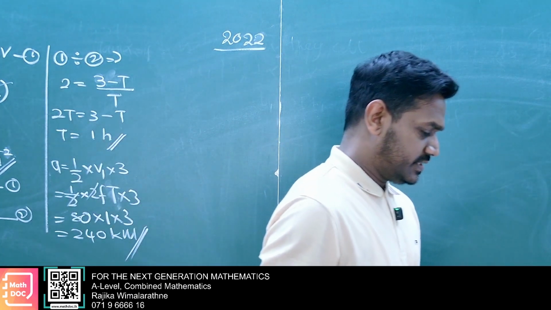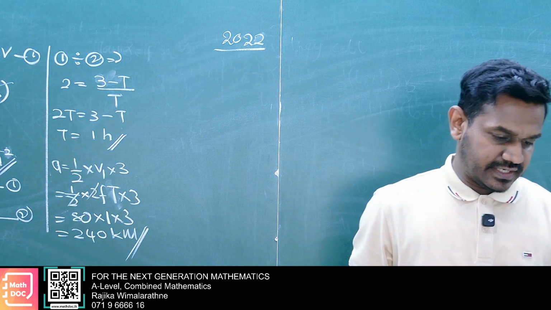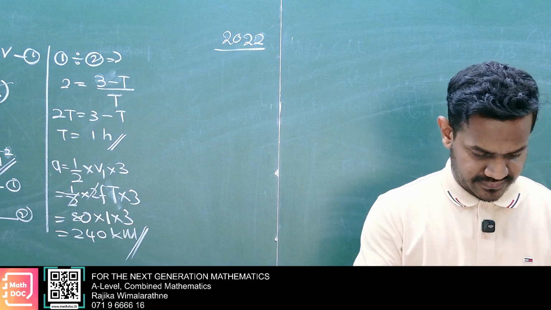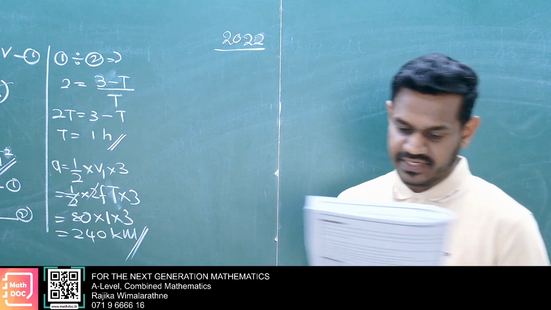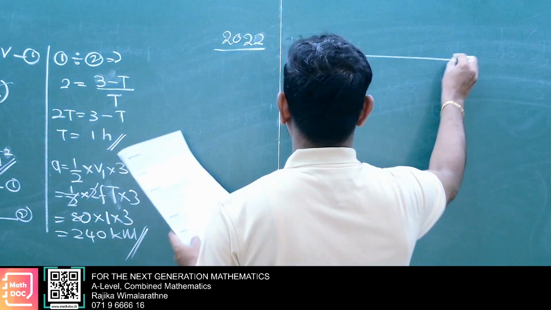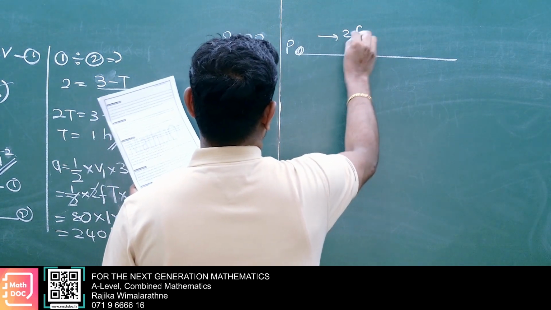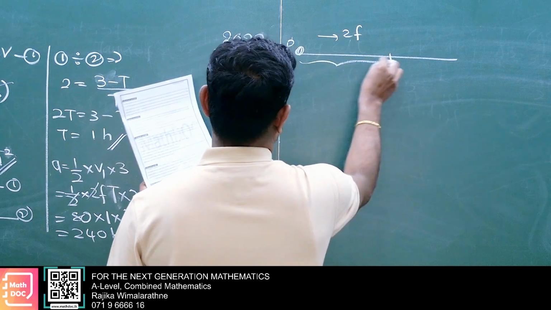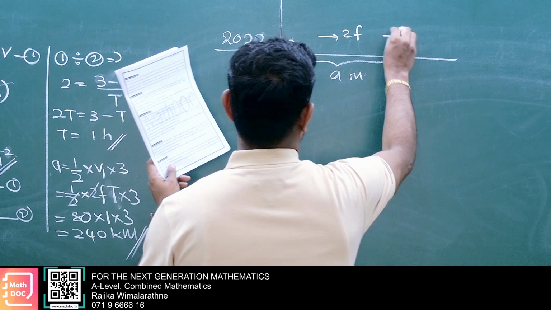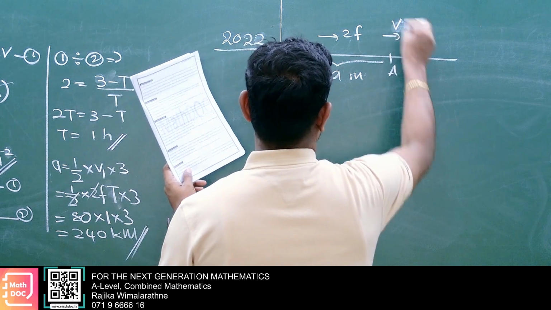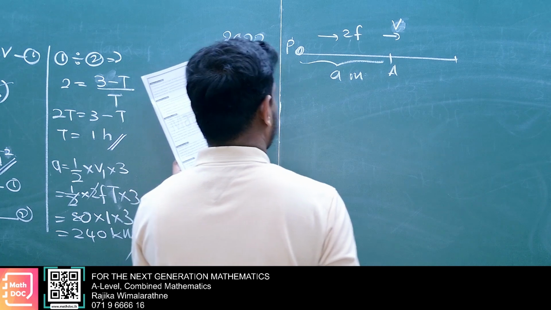A car P begins its journey from rest from a point on a straight horizontal road and travels with constant acceleration 2F up to point A, a displacement of A meters. Thereafter it maintains velocity V for the remaining journey.